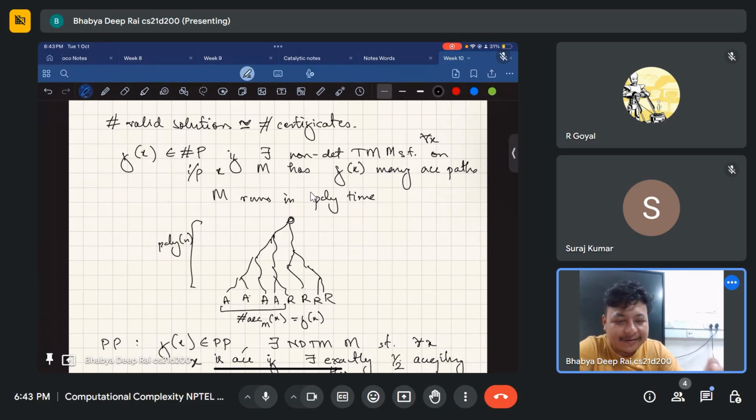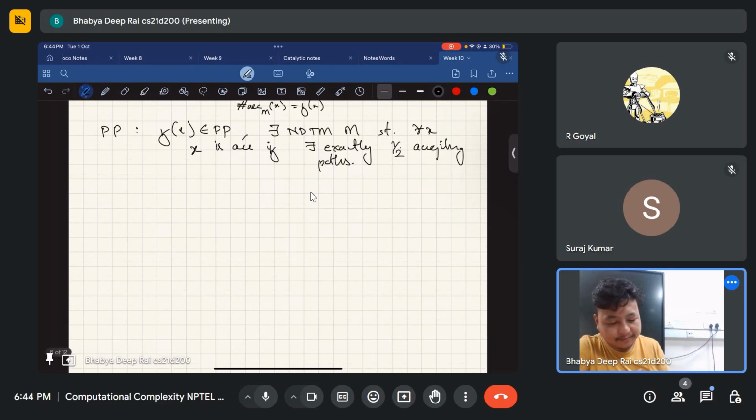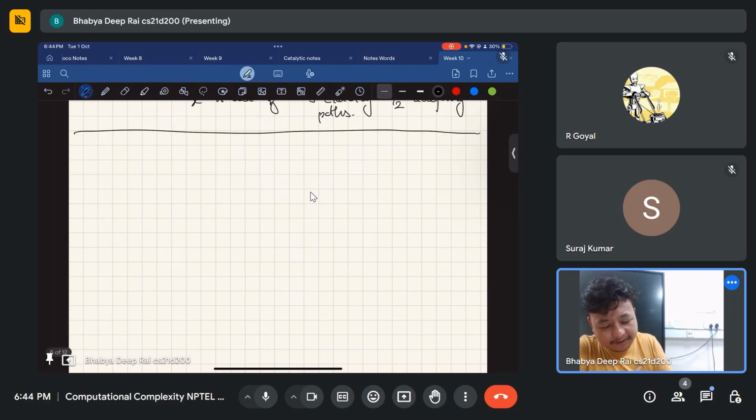How many inputs are there that actually satisfy the formula? I'm not just interested in checking whether it satisfies or not. How many inputs are there that satisfy it, and so on and so forth. And you can actually show that using Cook-Levin.